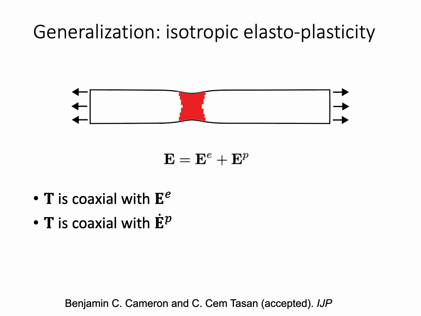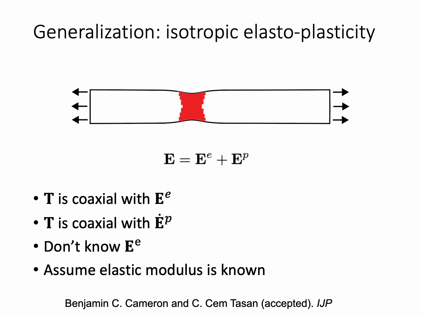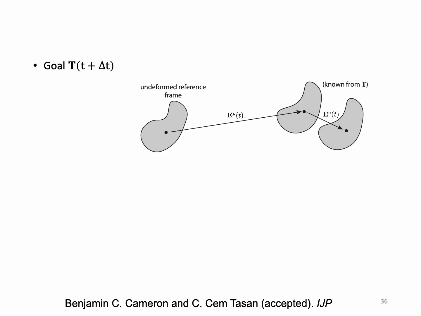We know that the stress is coaxial with the elastic strain and the plastic strain rate, but we don't know the elastic strain or plastic strain rate. So this is kind of the problem. And it turns out you can solve this if you assume the elastic modulus, for example, is known. And I'll show you how this works. So imagine the material's in a state at time t.